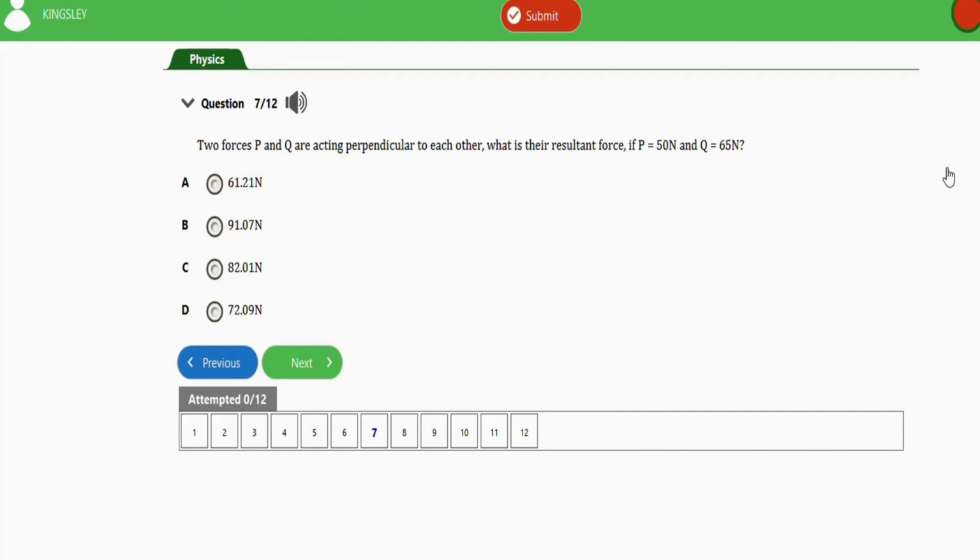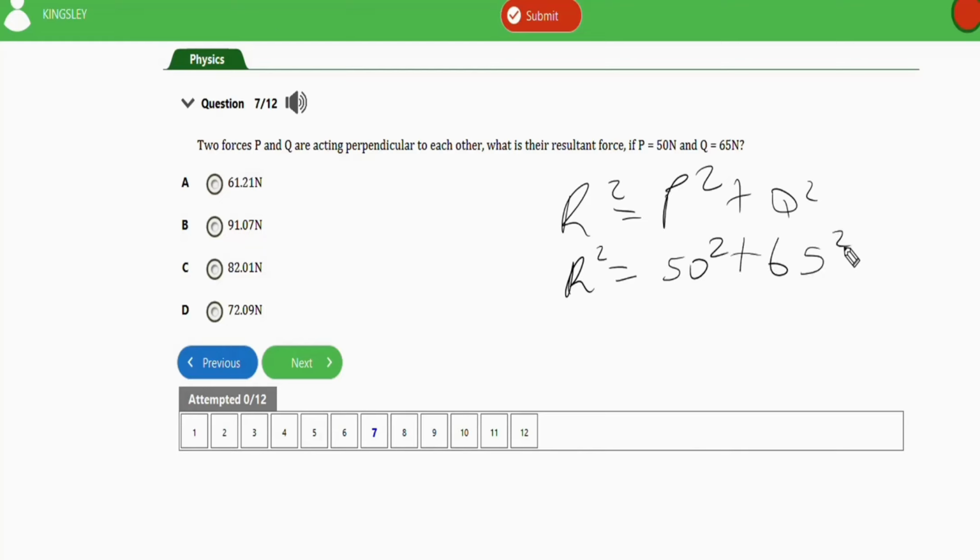Note that when it comes to resultant of forces, you apply Pythagoras rule. So we have R square equals P square plus Q square. So R square equals 50 square plus 65 square.